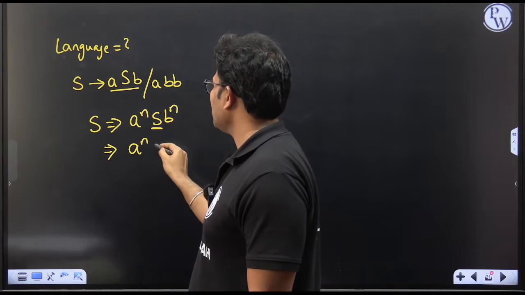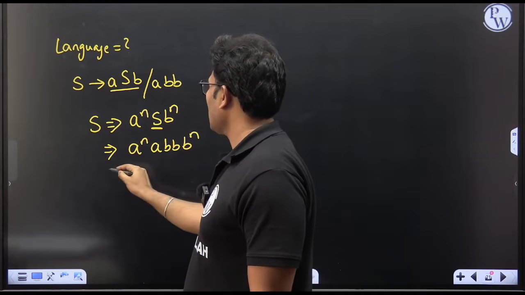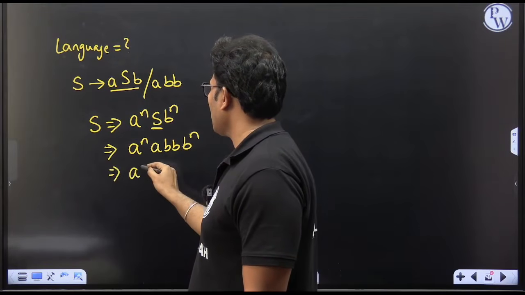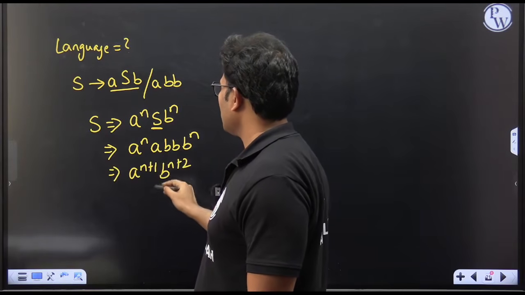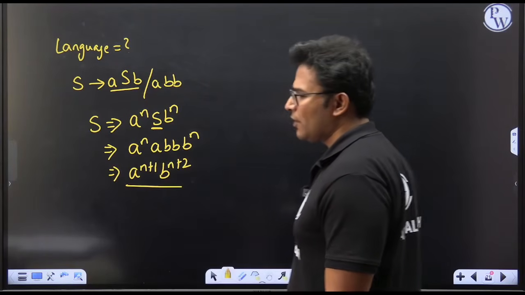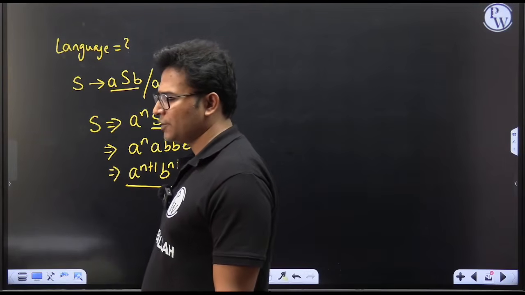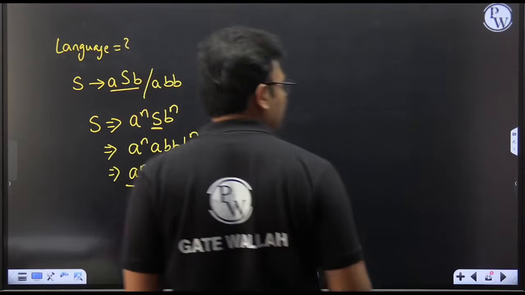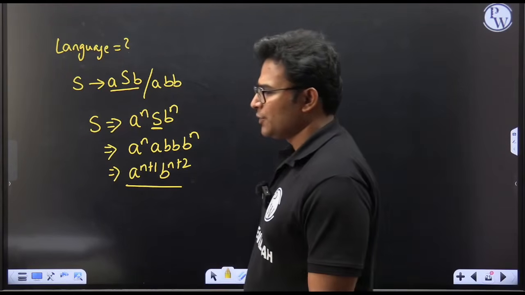So a power n, abb, b power n. Now what will this become? A power n plus 1, b power n plus 2.